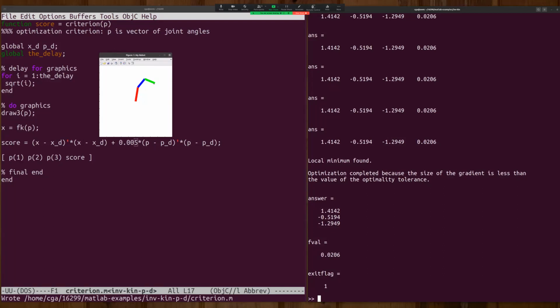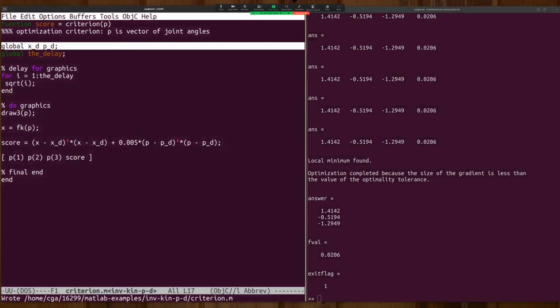are what are called soft constraints, which generally have the form of some finite weight times a penalty, and we could add more weights and penalties. And we're always going to be trading off errors in what we want with these other penalties.